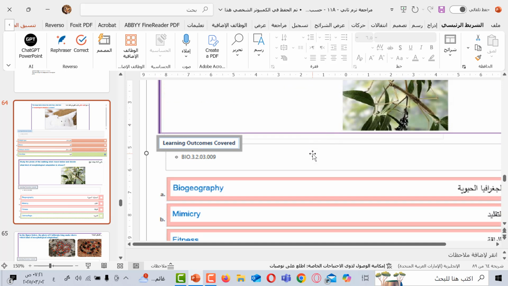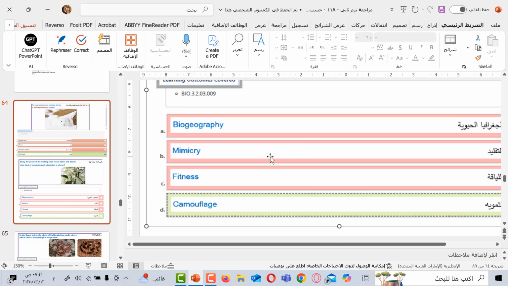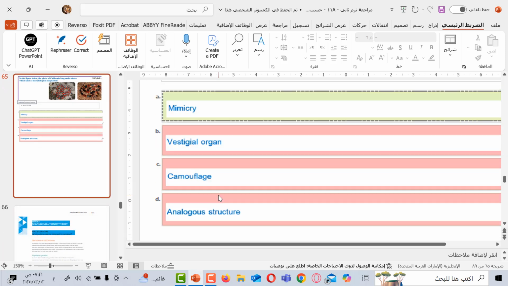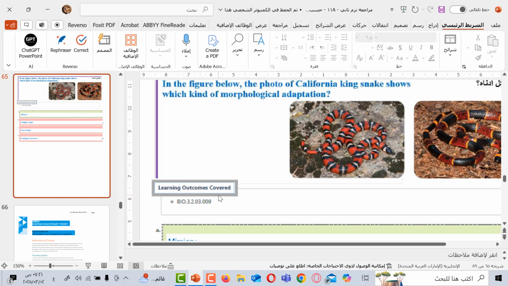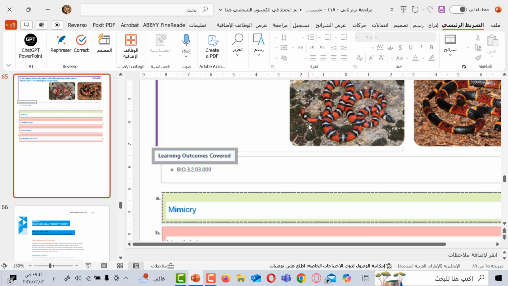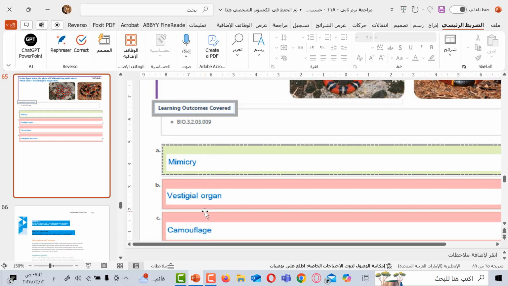It's also camouflage. About mimicry, here are two kinds of snake, and the figure below, the photo of the California king snake, shows which kind of morphological adaptation. It's mimicry.